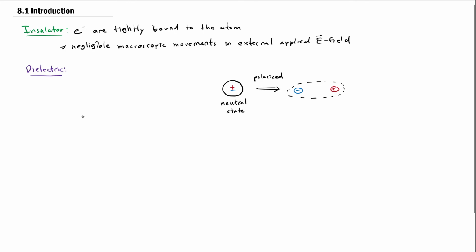And that happens when you apply an external electric field. So in this case, your bound electrons are displaced over subatomic or microscopic distances.